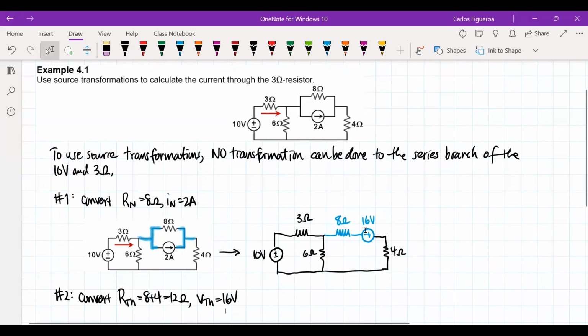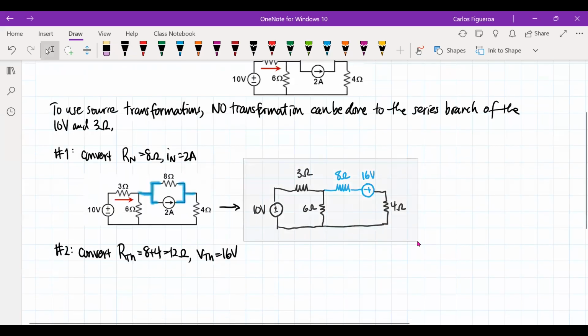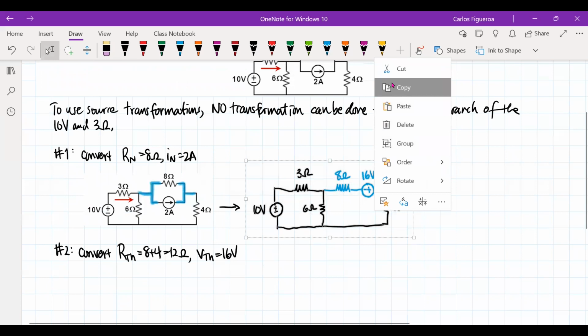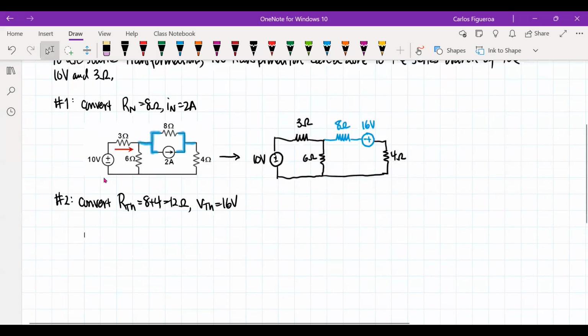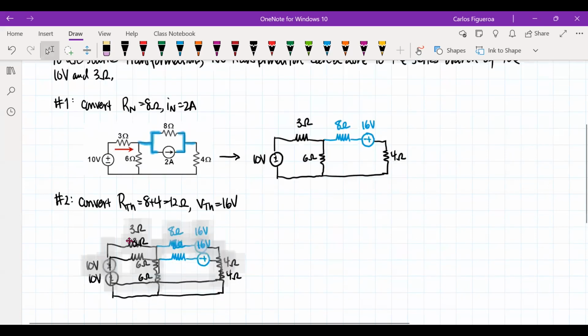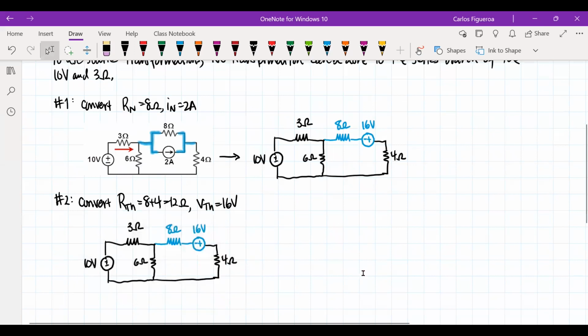I'm going to copy this and bring it down here, and focus on this branch right here and this branch right there.